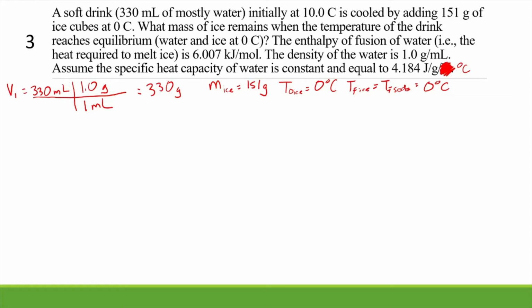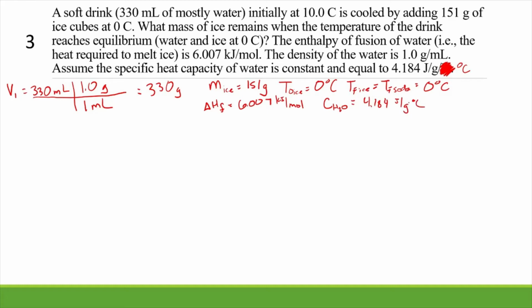Okay, and we're told delta H fusion is equal to 6.007 kilojoules per mole. And specific heat of water, which we're using for both ice and liquid water, is 4.184 joules per gram degrees Celsius.